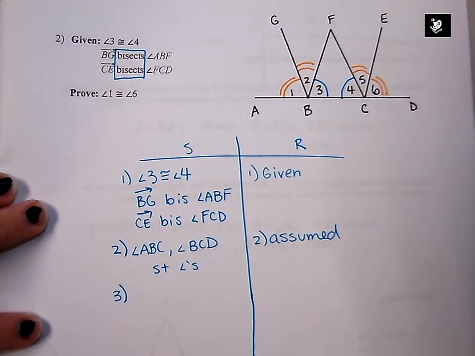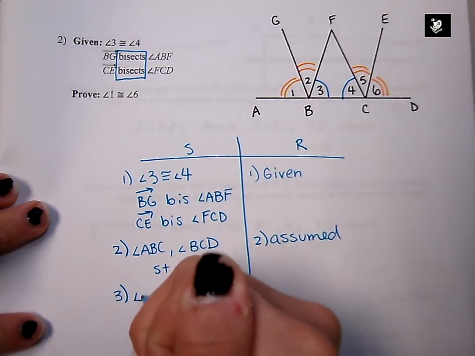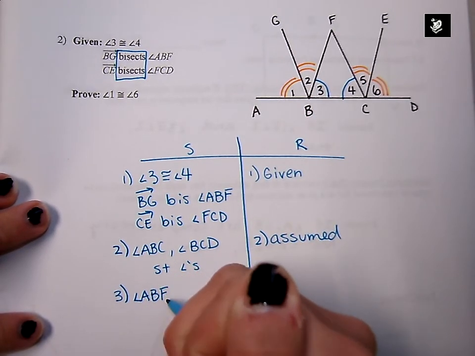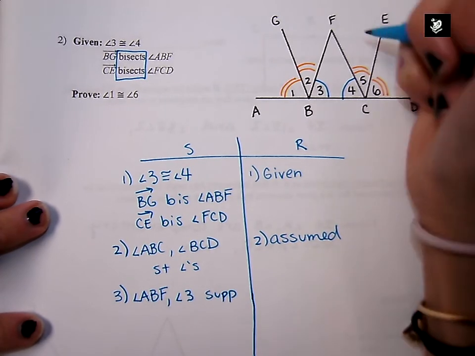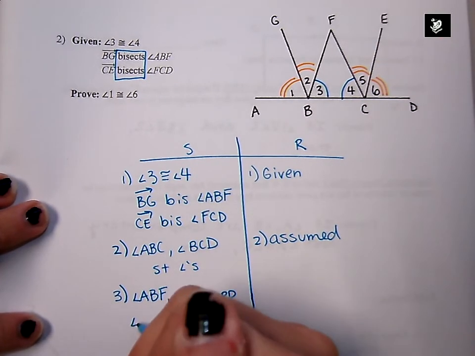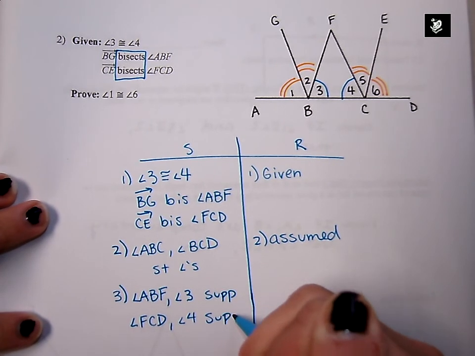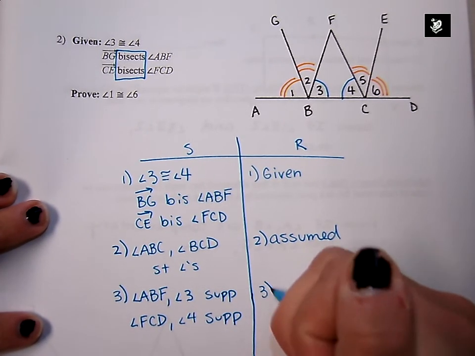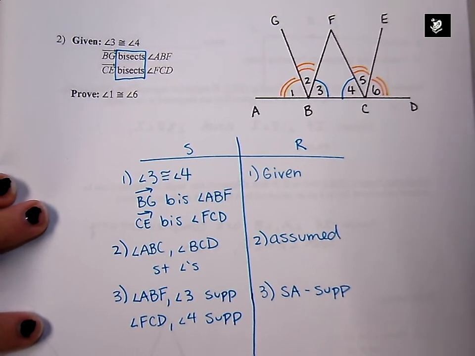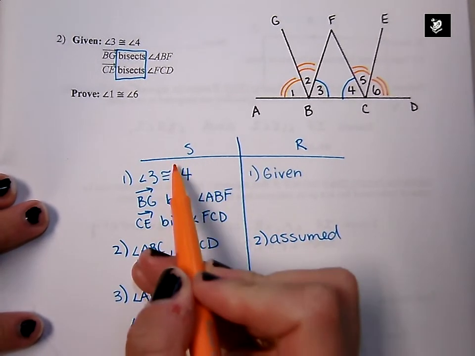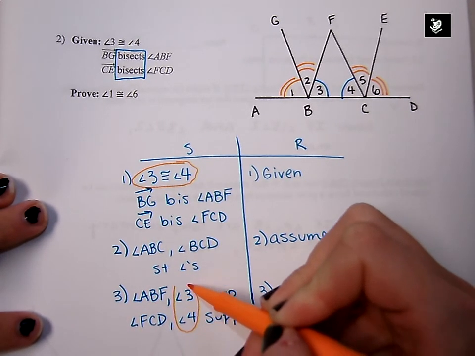So I know that angle ABF and angle 3 are supplementary, and angle FCD and angle 4 are supplementary. And that is because of SA sup. Now, the reason why I'm doing this is because you'll notice I know that 3 and 4 are congruent. Here they are again, they're matching up.